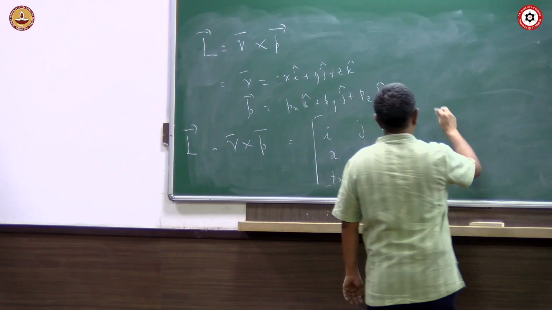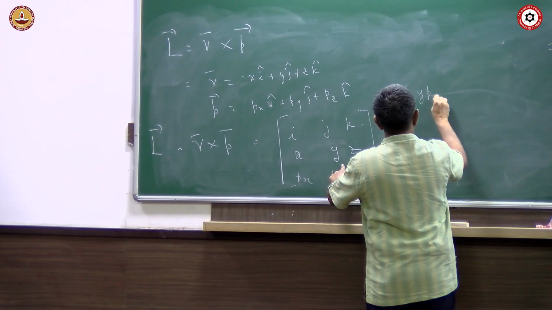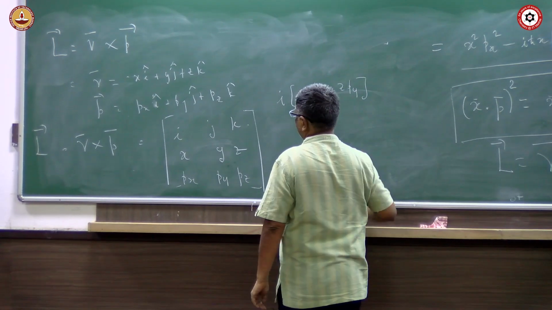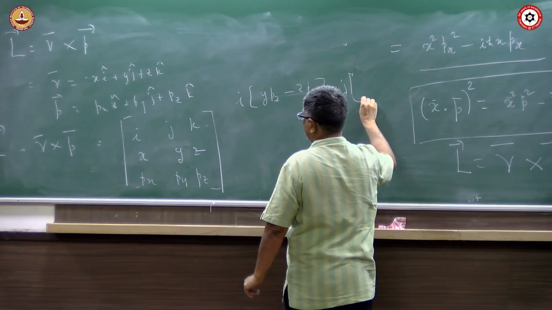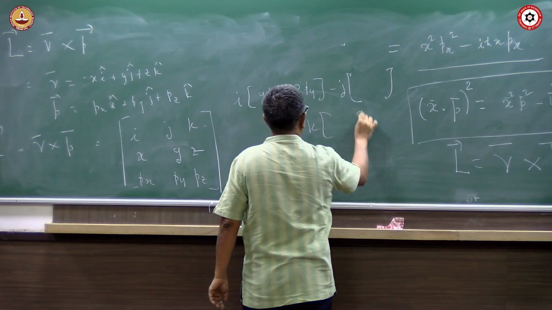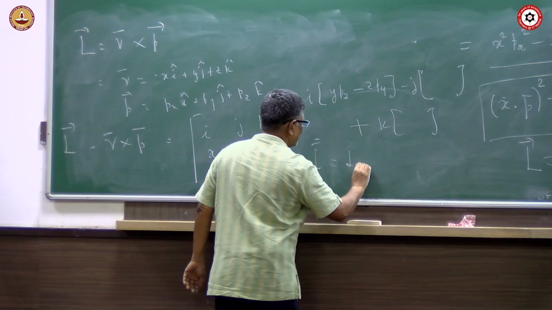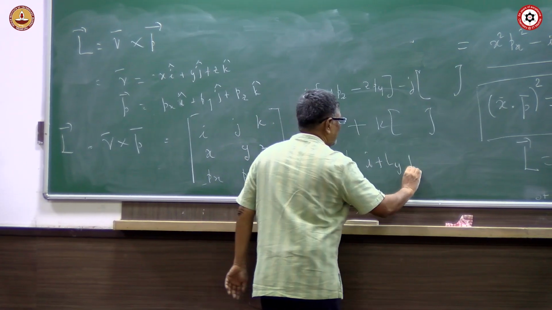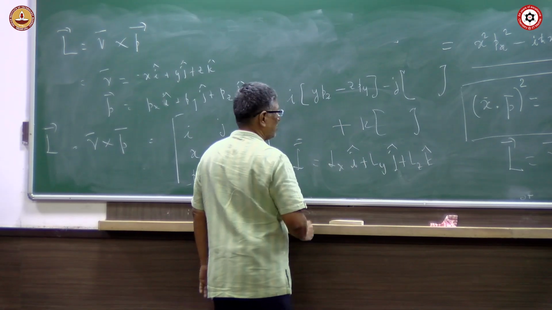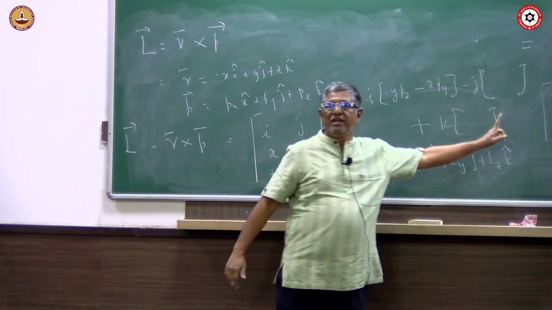This is equal to i into (y p_z minus z p_y), minus j into, plus k into this. This quantity L vector is represented as L_x i plus L_y j plus L_z k. So, you will have L_x, L_y and L_z.